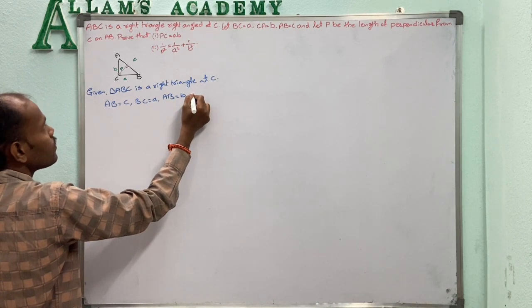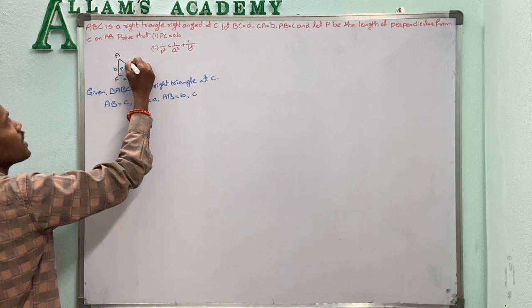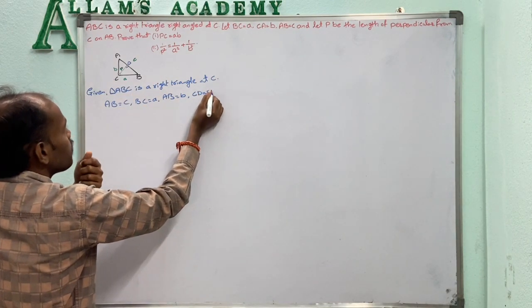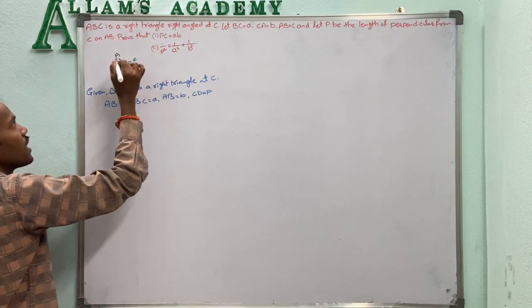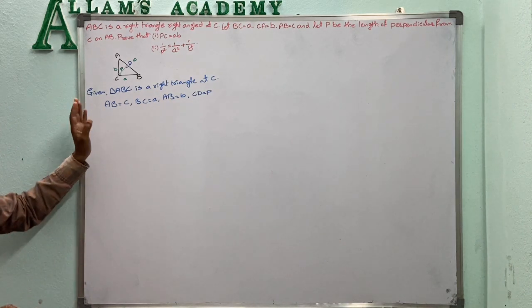The foot of the perpendicular on AB we call D, CD equal to p.